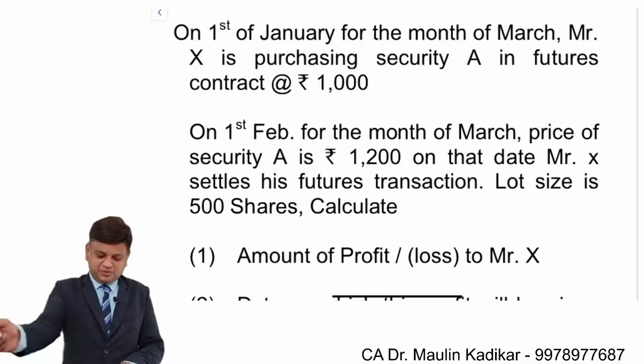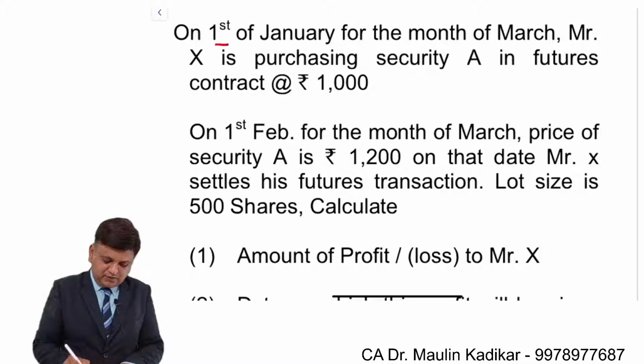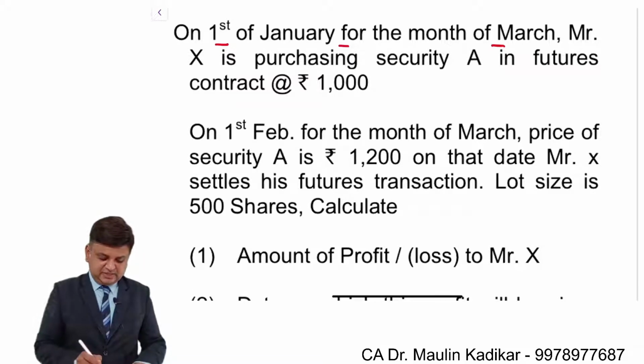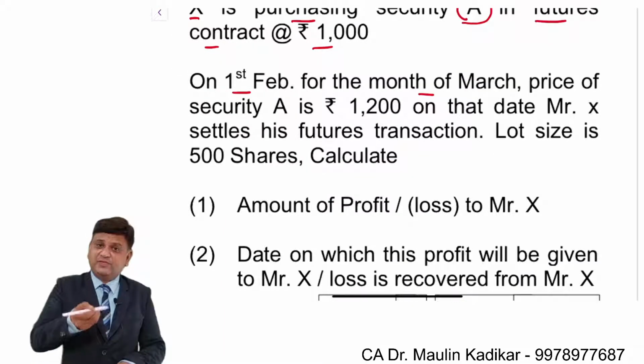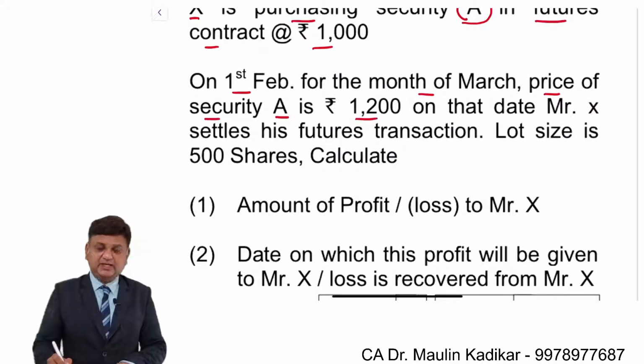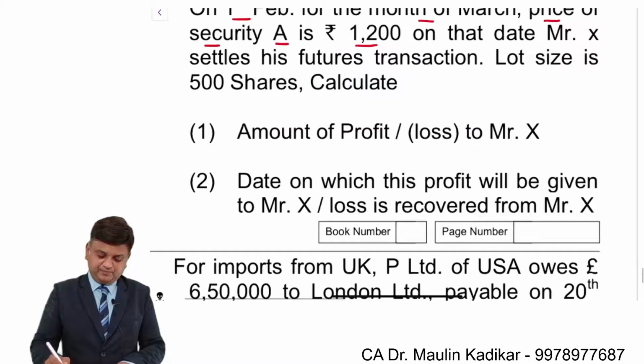Let us see the next question. On 1st of January for the month of March, Mr. X is purchasing security A in a futures contract at the rate of 1000. On 1st of February for the month of March, once again, the price of security A is rupees 1200.